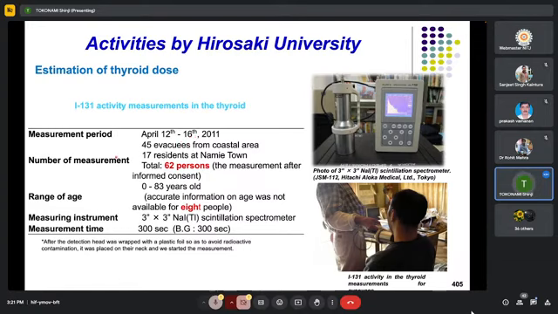The number of measurements: 45 evacuees from the coastal area and 17 residents, totally 62 persons inspected. The range of age was 0 to 83 years old. The measurement time was 5 minutes.